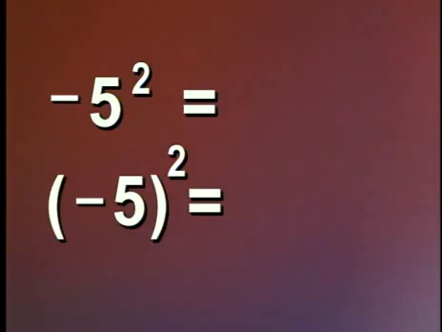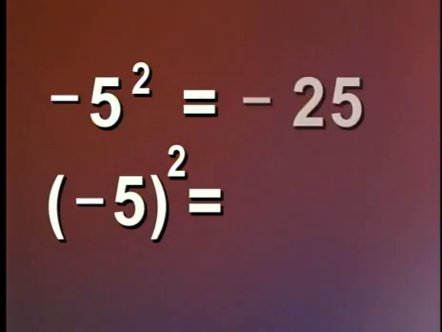Negative 5 to the second. What do we do first? Do we raise it to the second power, or do we put the negative in front of it? I believe that since we consider the negative as if we were multiplying by a negative, we would raise to a power. We use the exponent before we multiply. So that would simply be negative 25. The negative does not affect the power. But if the negative is in the parentheses with the 5, we always do what's in the parentheses first.